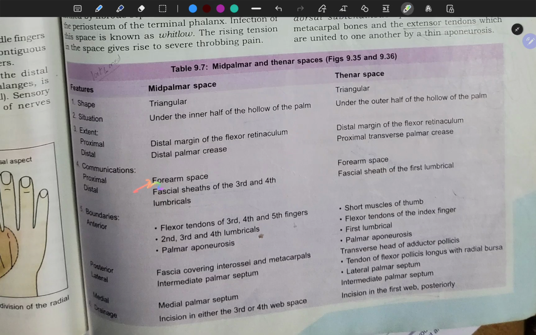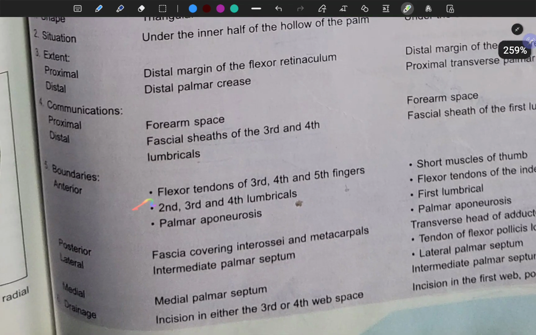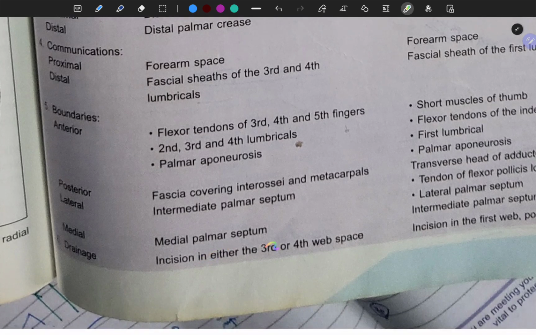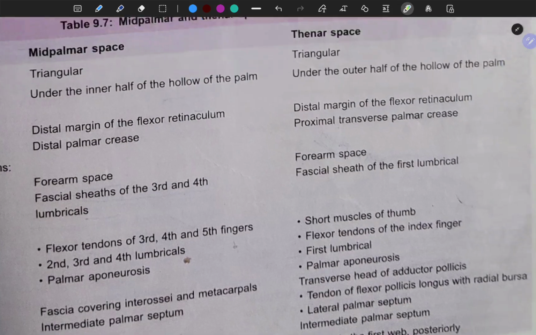Communicates proximally with forearm space and distally with fascial sheaths of third and fourth lumbricals. Anteriorly flexor tendons of third, fourth and fifth fingers, second, third and fourth lumbricals and palmar aponeurosis. Fascia covering interossei and metacarpals. Medially medial palmar septum. Drainage incision in either third or fourth web space.